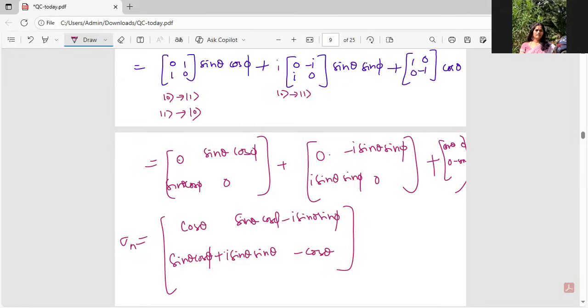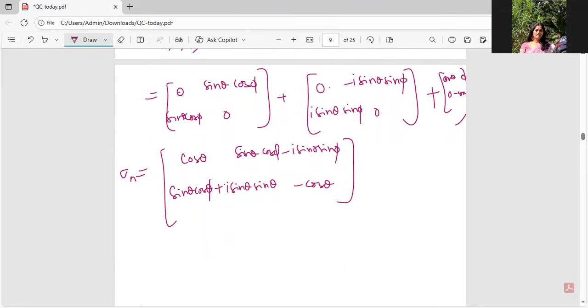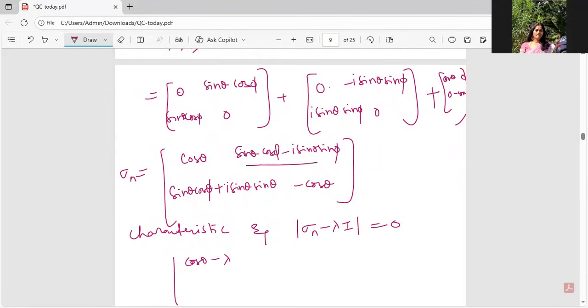Now if I start finding the eigenvalues for it, how do I start? Characteristic equation. The characteristic equation is nothing but det(sigma n minus lambda I) equal to 0. What that would be is cos theta minus lambda. Of course, sin theta can be taken common and written as e power minus i phi, guys, using De Moivre's theorem or cis.